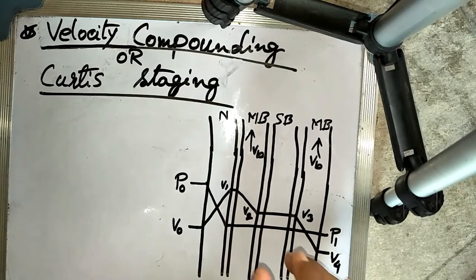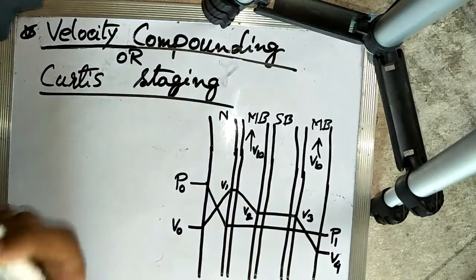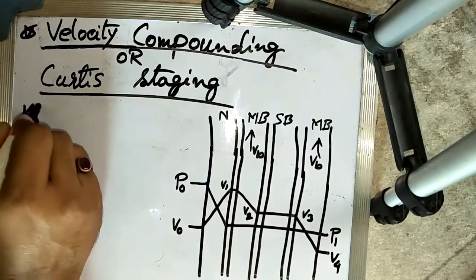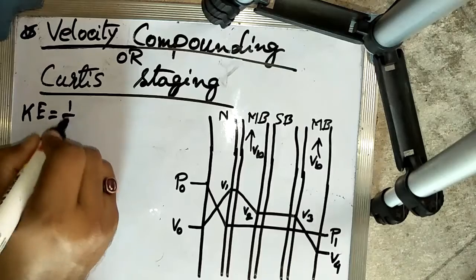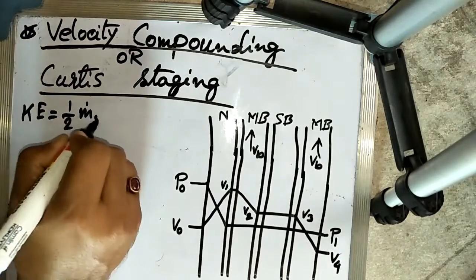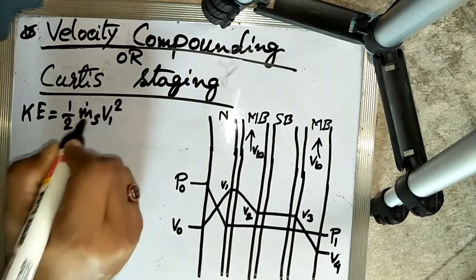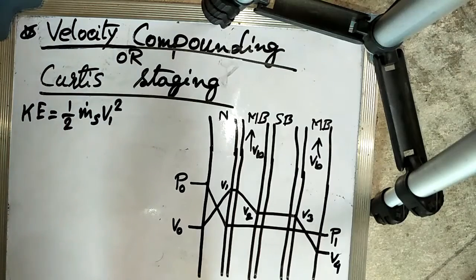So the kinetic energy of steam jets we can write as half m dot s into v1 square. The kinetic energy at the nozzle exit is partially converted to shaft work in the first row of moving blade, with velocity decreasing from v1 to v2.